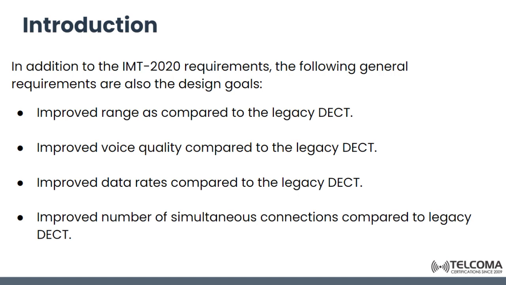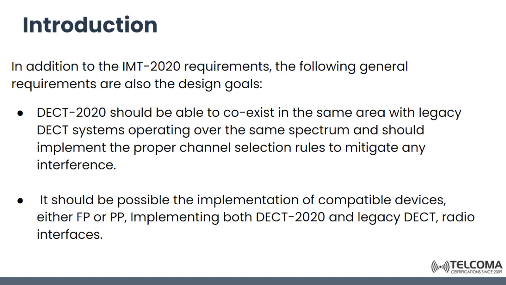In addition to these, we can improve the range compared to the legacy, the old DECT. We can improve voice quality compared to the legacy. We can improve the data rates and the number of simultaneous connections also. So DECT 2020 should be able to coexist in the same area with the legacy DECT system.